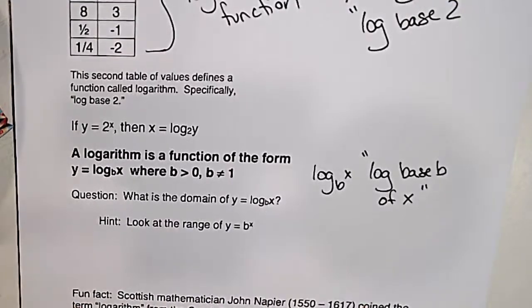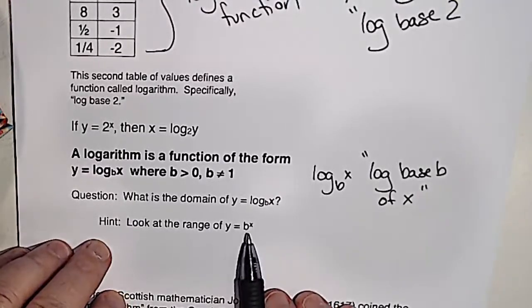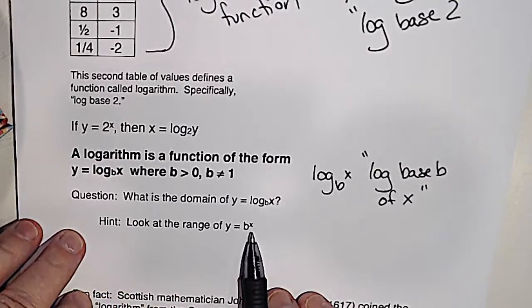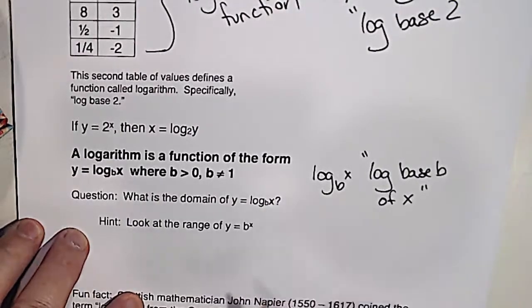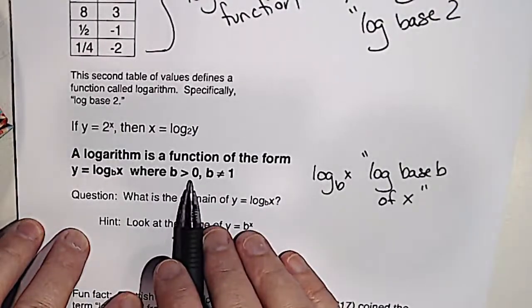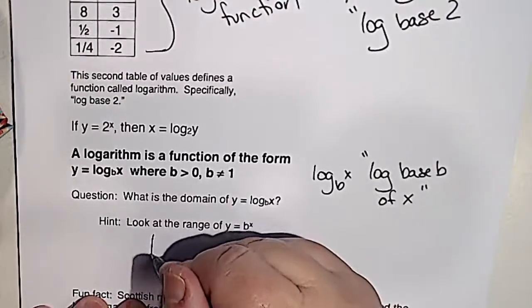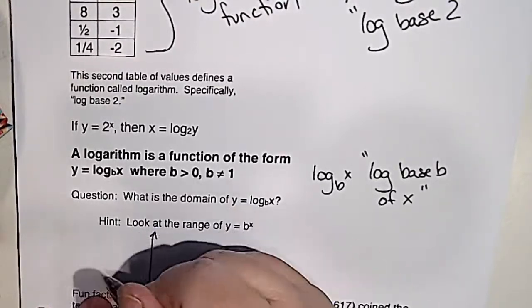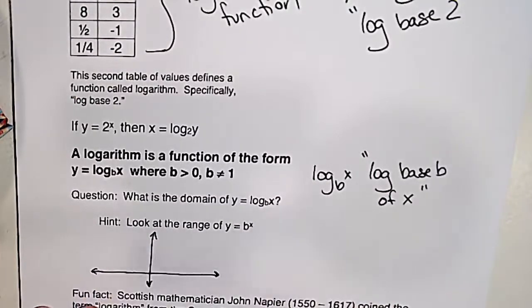And you're going to say, I have no idea. And I'm going to say, well, let's look at the range of an exponential. If we assume that b has got to be greater than 0, not equal to 1, I'll remind you that we had a couple graphs.